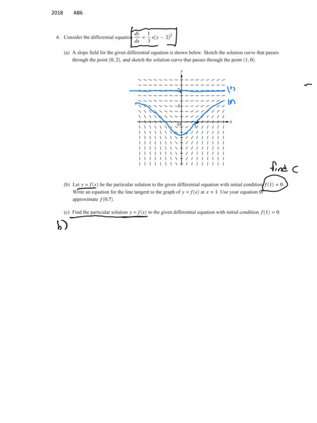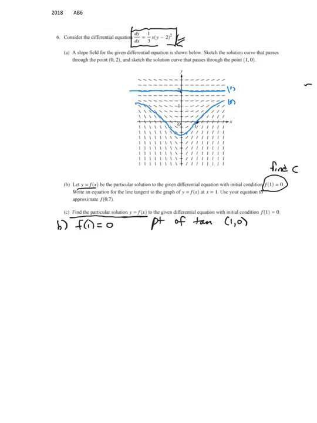Okay, but here they say that if there's a solution, we can write the equation of the tangent line using this differential equation at x equals 1. So what we'll do is, because we have the initial condition f of 1 equals 0, the point of tangency is 1, 0.